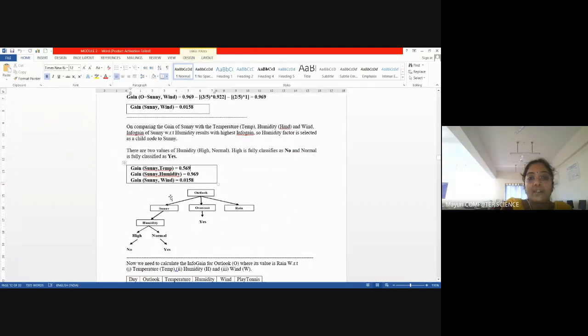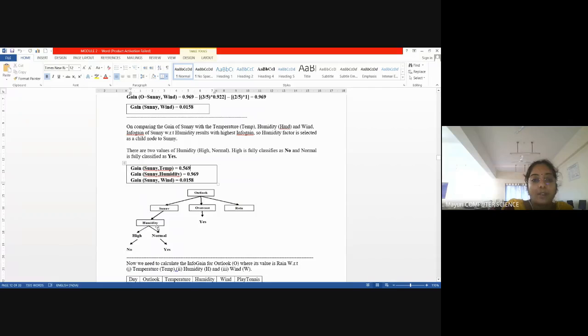So here I have written the table, you see. Because my path is very clear, from Outlook I went to Sunny. With respect to the Outlook that is called Sunny, I am just comparing the values. If I do that, the highest info gain one is, who is that? 0.969, that is humidity.